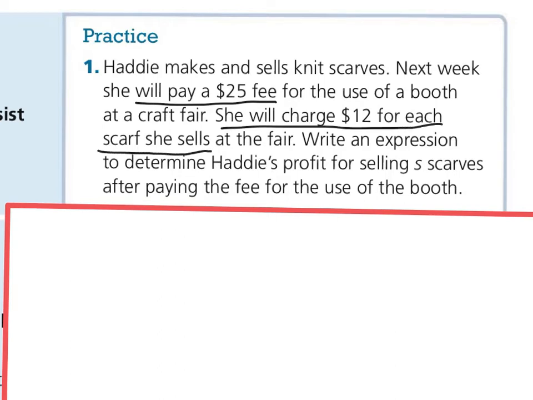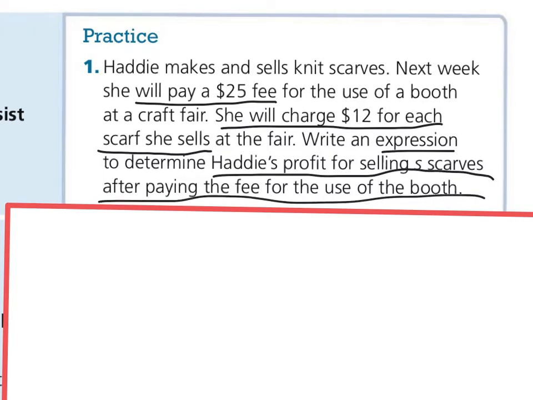Write an expression to determine Hattie's profit for selling S scarves after paying the fee for the use of the booth. So what we want to think about for our profit is our income minus expenses. So in other words, how much money we're bringing in minus the things we had to pay for.